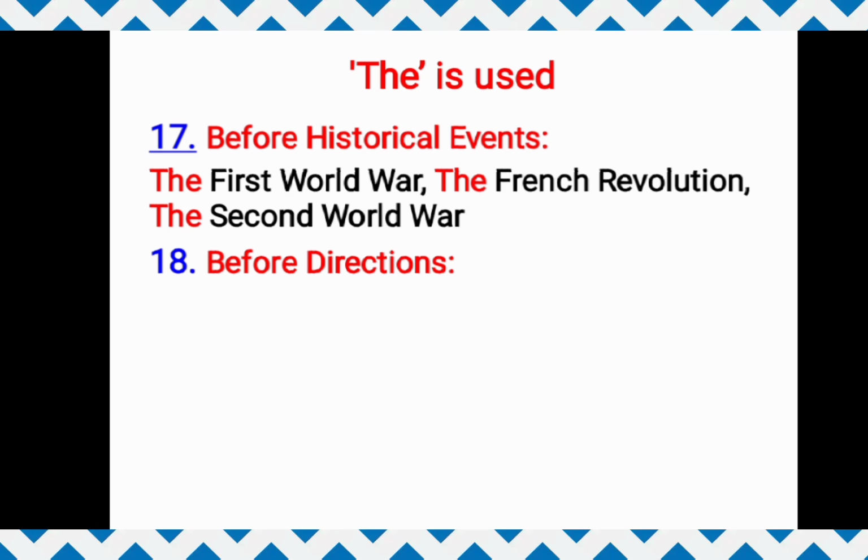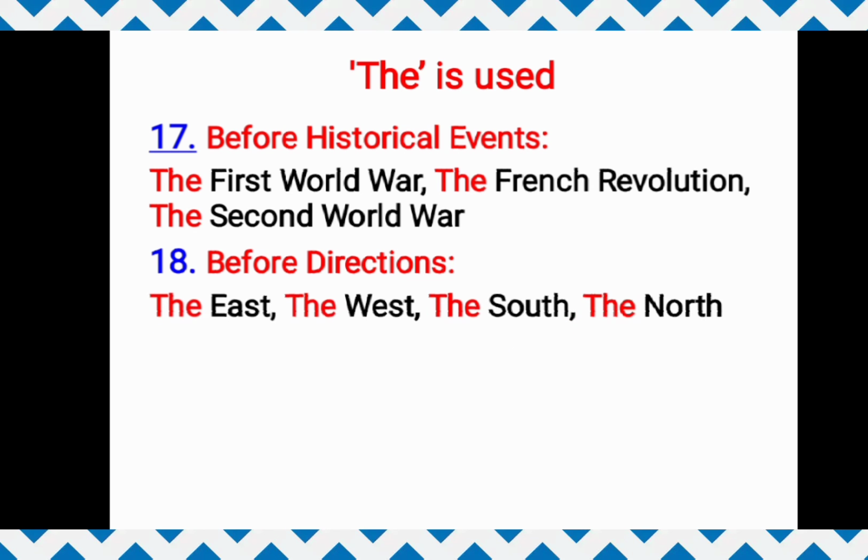The is used before directions like the east, the west, the south, the north. These are directions, and these are the first 18 rules and usages of the definite article the.